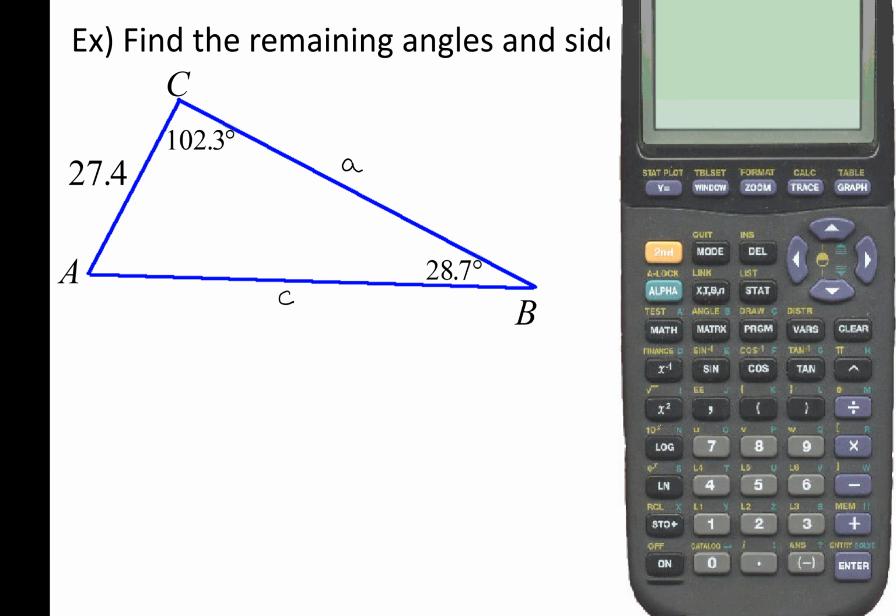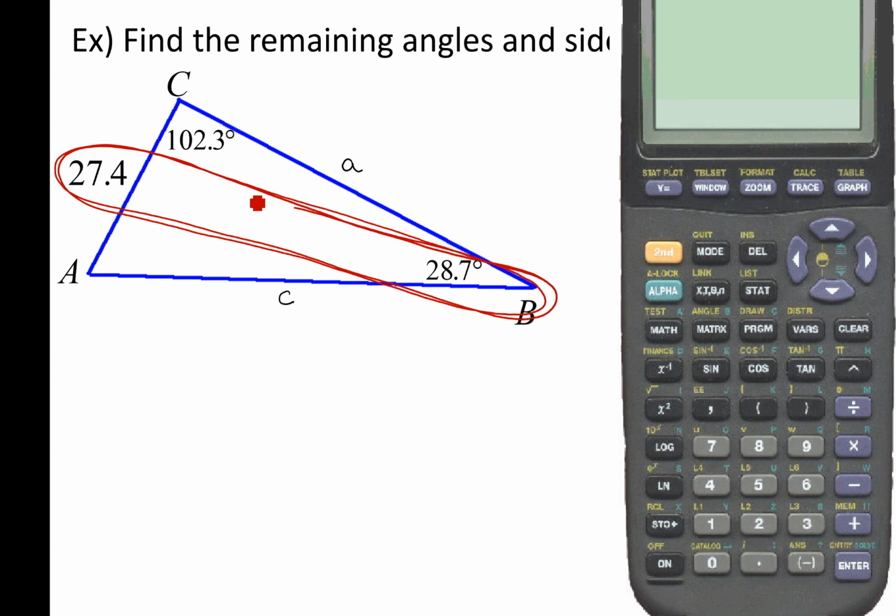For example, you know angle B and you know side B. Those are your certainties, those are always going to be true. So you want to use angle B and side B.